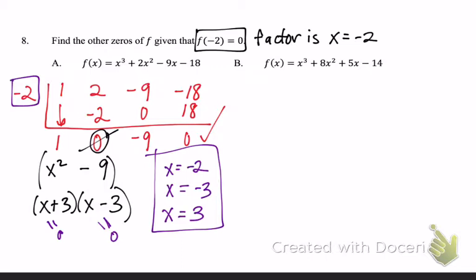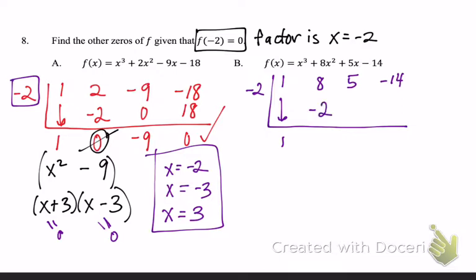I'm going to use synthetic division, divide negative 2. I have a 1, an 8, a 5, and a negative 14. 1, negative 2, positive 6, negative 12, negative 7, positive 14, 0. And I'm going to write this as x squared plus 6x minus 7.